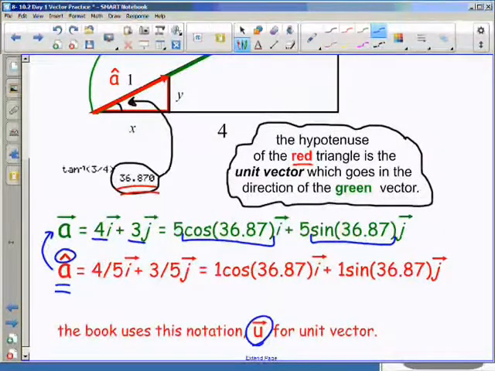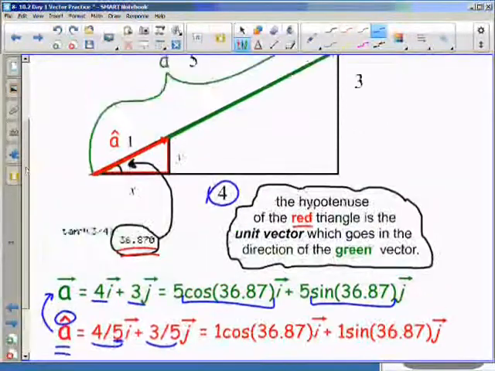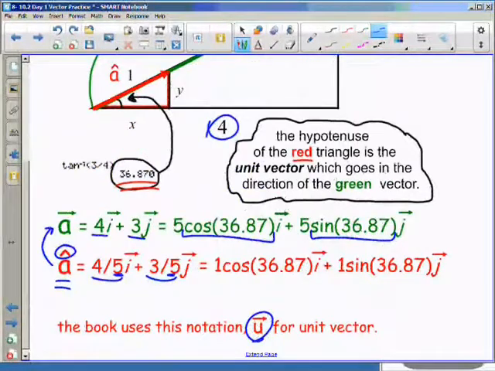The direction will be defined by the coefficients for your horizontal and vertical directions. So in this case, you take the 4 units horizontal and divide by the magnitude 5, as well as the 3 units vertically and divide by the magnitude of 5.